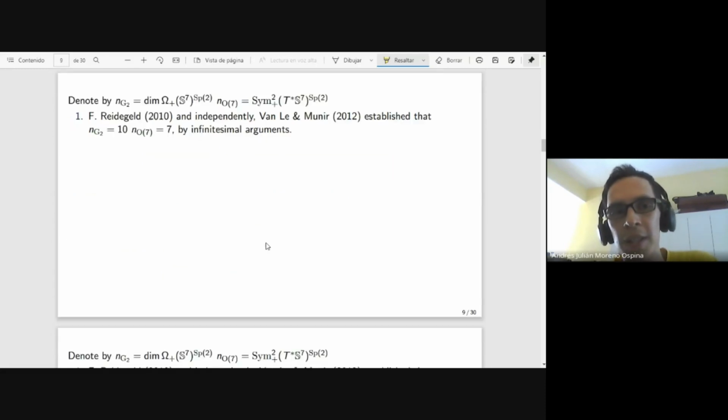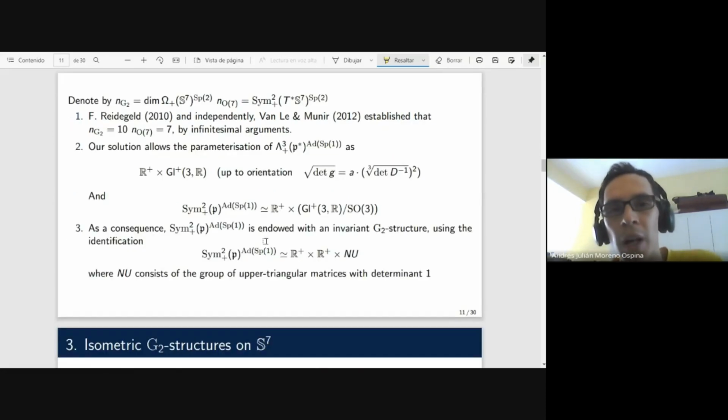This result was proved previously by Reidegel and Van Leeuwen-Mounier, but using infinitesimal arguments. It means that they just gave these numbers for the case of the 7-sphere. In our solution, we obtain explicitly the 3 form, the G2 structure, and the induced metric.